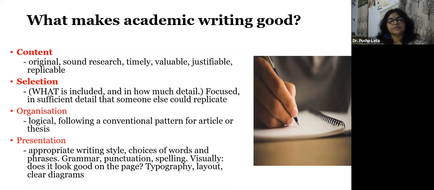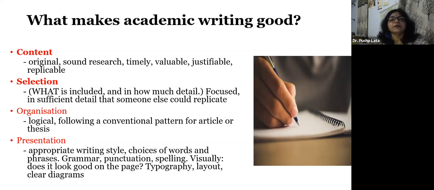Then finally, presentation. You need to have the appropriate writing style and the appropriate choice of words. Whatever knowledge you have, you are going to finally pen it down on a piece of paper and send it for publication, or submit it for your doctoral. So you need the right choice of words, the right kind of arrangement of ideas, and the appropriate phrases.